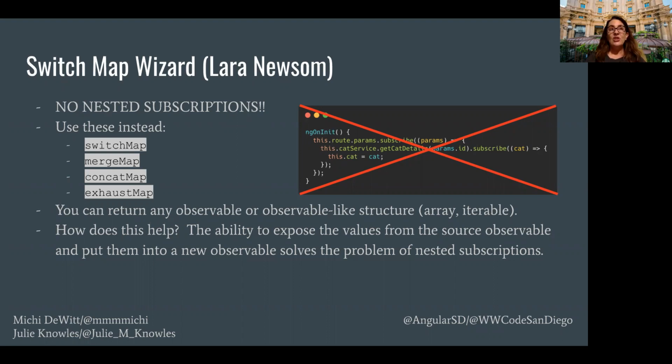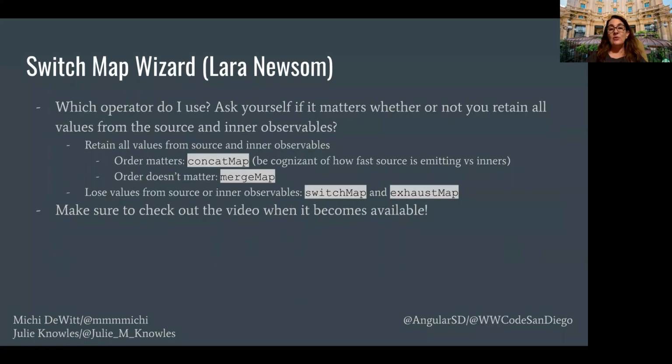And she also talked about, if you go to the next screen, a way to decide which one you want to use. She had a lot of fancy graphics that talked about if you care about whether you retain all of your values from the source and the inner observables.